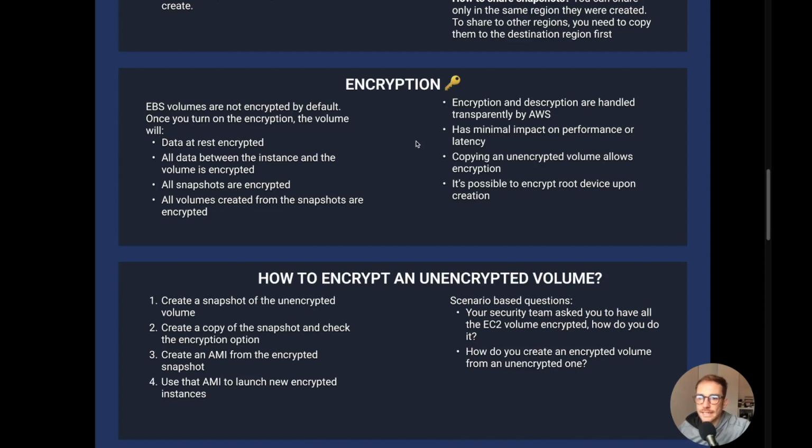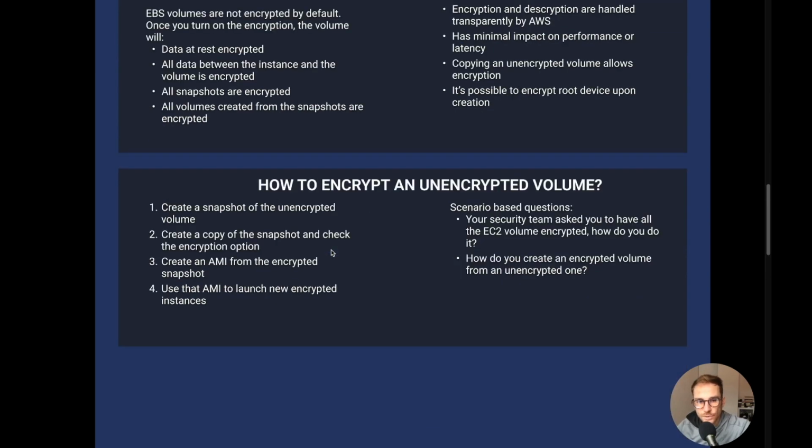And if you have an unencrypted volume and you want to encrypt it, you can copy the volume, and while you are creating the new volume from the copy, you can select the encryption. It's also possible to encrypt the root device upon creation. So very important because you're going to be asked this on the exam, how to encrypt an unencrypted volume. So you need to memorize this process.